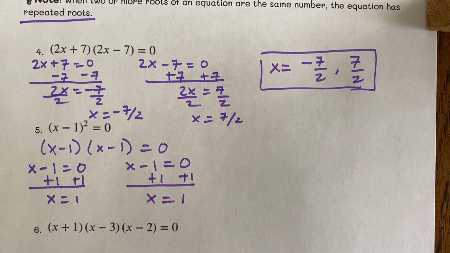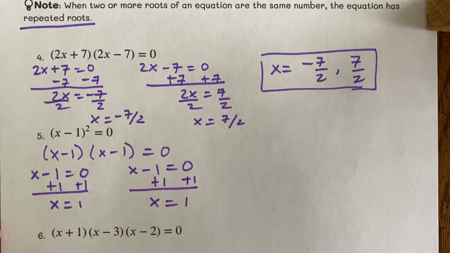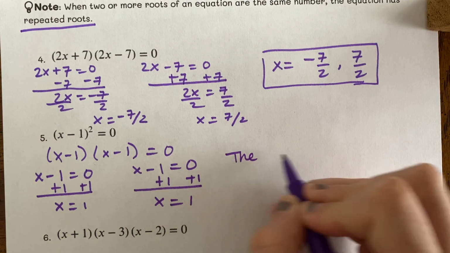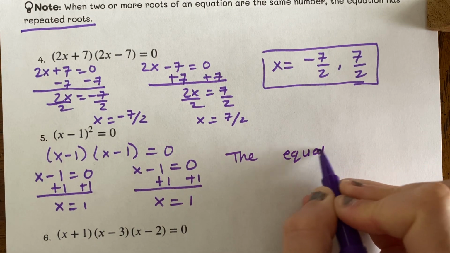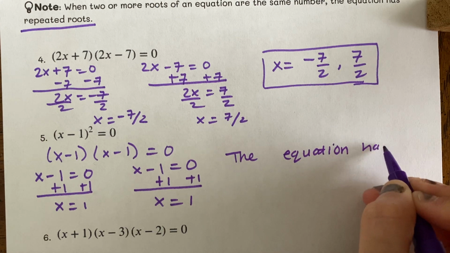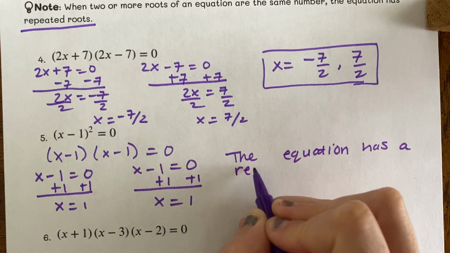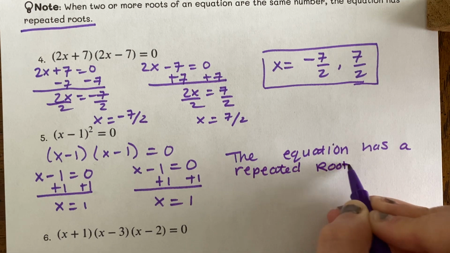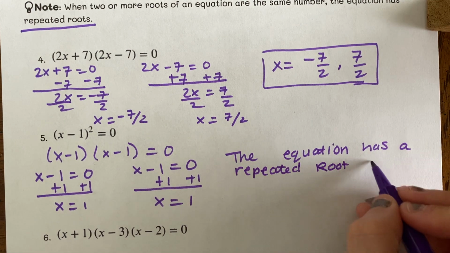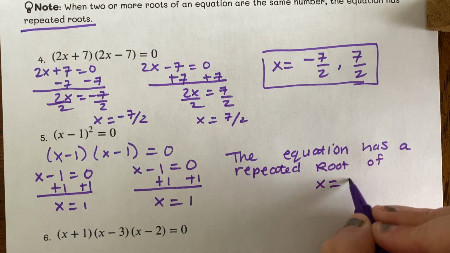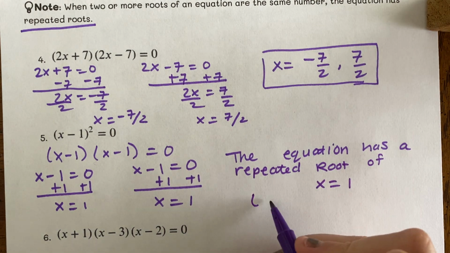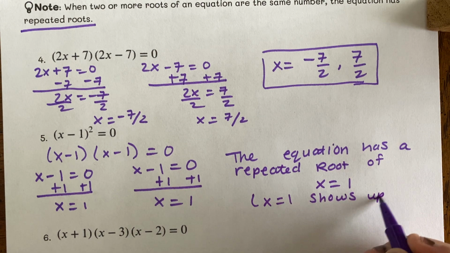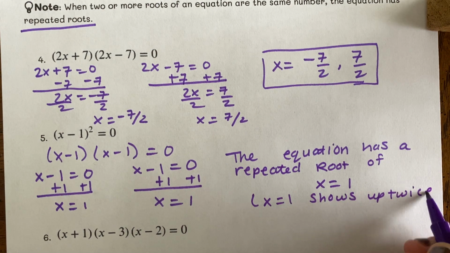So this equation has a repeated root of x equals 1, because x equals 1 shows up twice. Okay?